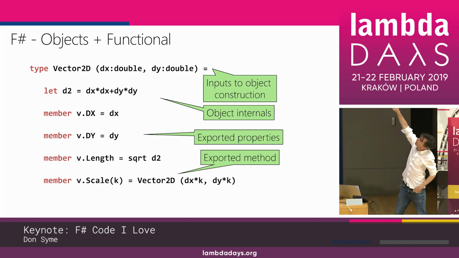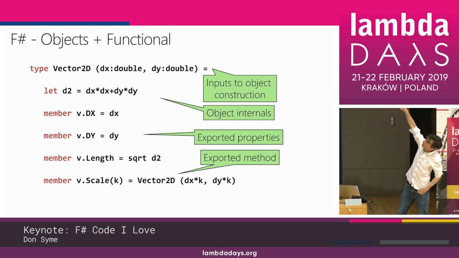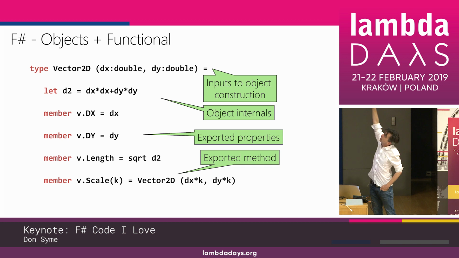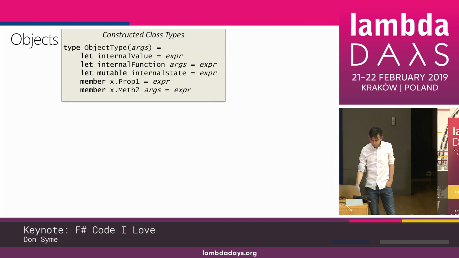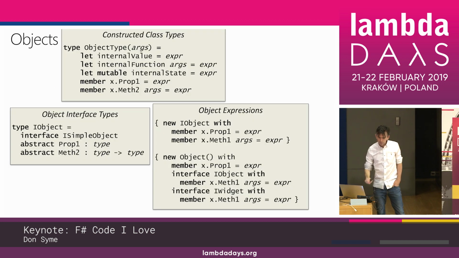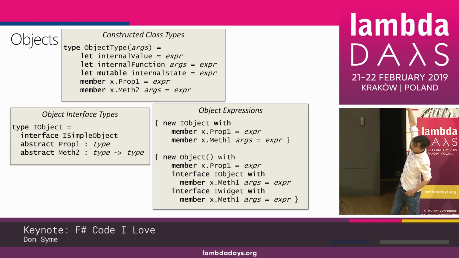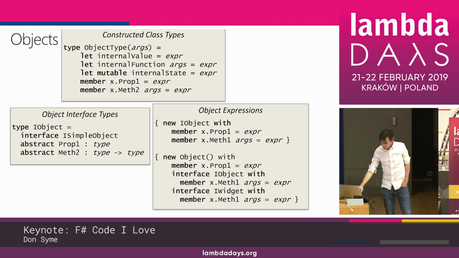And the v parameter, v dot, is just giving a name to the self, the this parameter on the right-hand side of each member. And this is what the language constructs are. We have integration with expression-oriented programming, with these object expressions over on the bottom right.